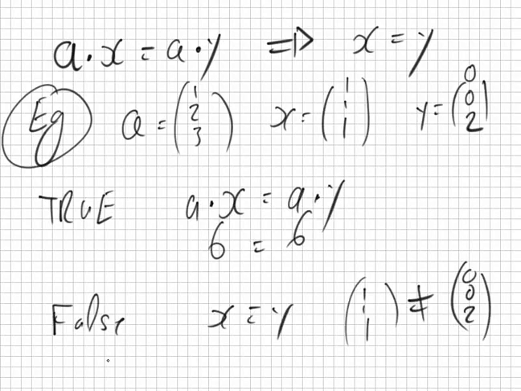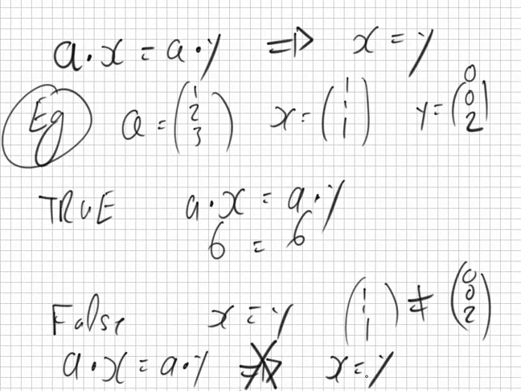So therefore, A dot x equals A dot y does not necessarily mean that x is equal to y. So the result here is that you cannot cancel A when you have dot products. This is one way that makes it different to algebra you did before, that you cannot cancel both sides by A here.